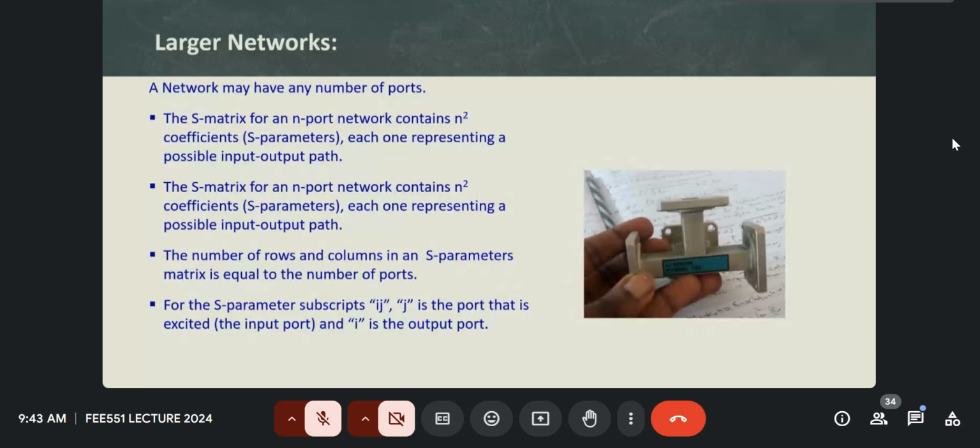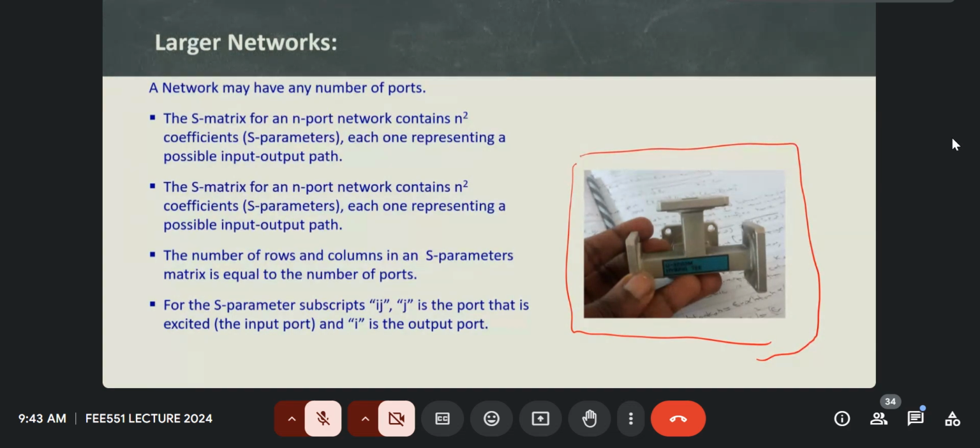On your right, this one was shown by Dr. Moyama in last year's electrodynamics class, and George presented on it, the hybrid T. If you can recall, it was about a week ago. You can have larger networks, not necessarily two-port.